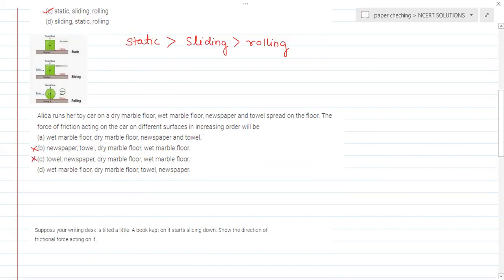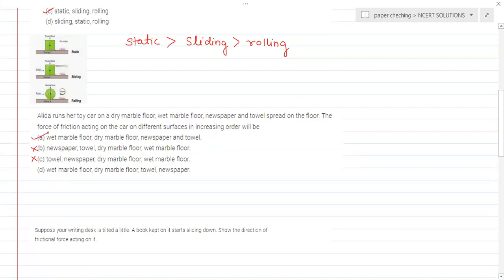Now understand how we are working on the answer. We are looking for the first option out of dry marble floor, wet marble floor, newspaper and towel. Wet marble floor will have the least friction. Because it is supposed to be arranged in increasing order, the least frictional value should come first. So wet marble floor, dry marble floor next, then newspaper, and then towel.